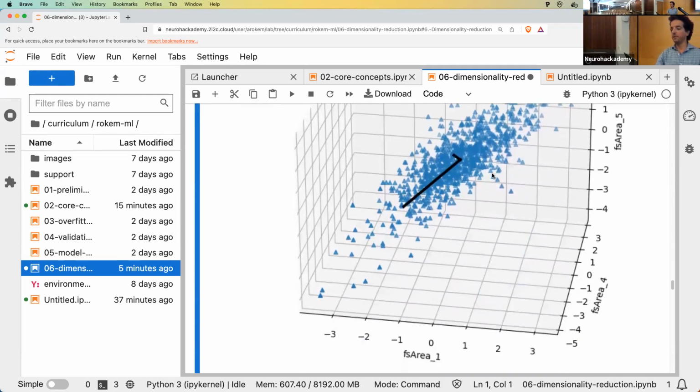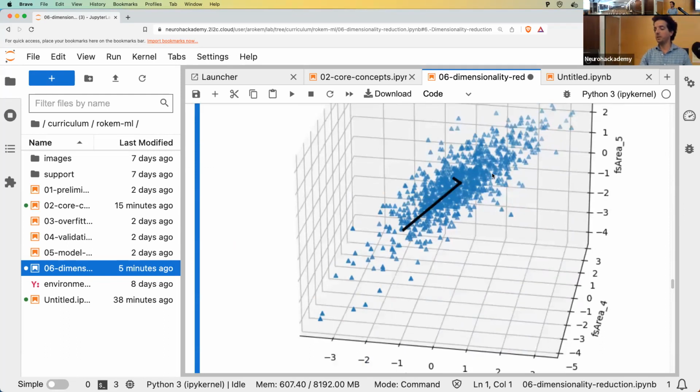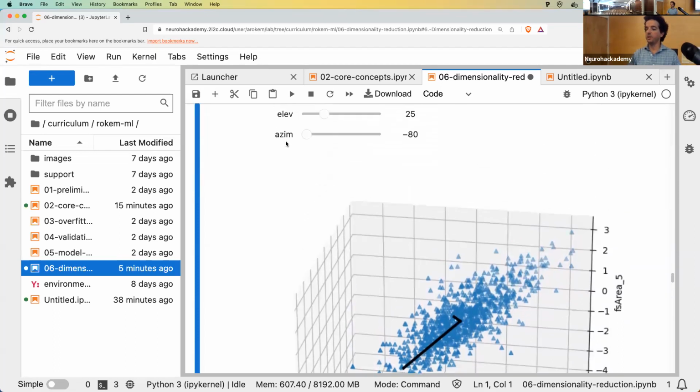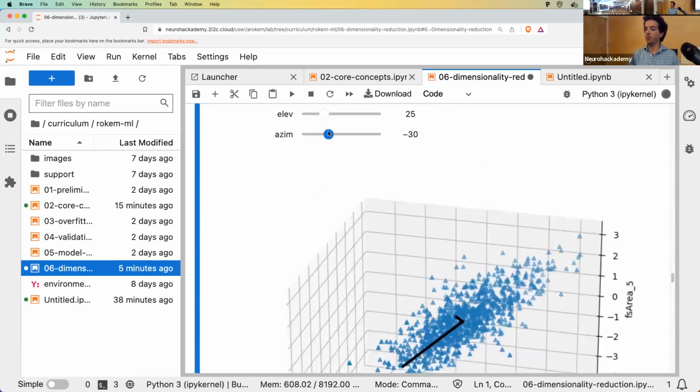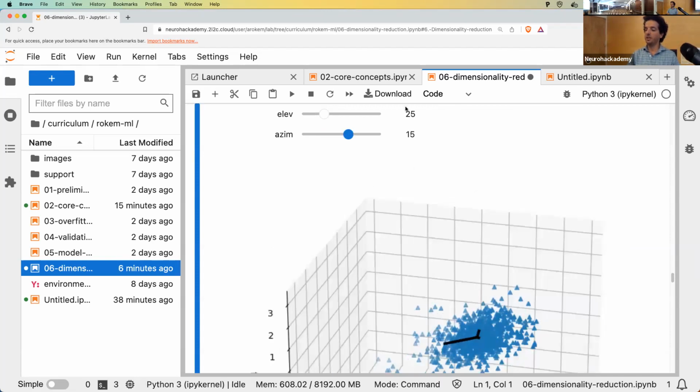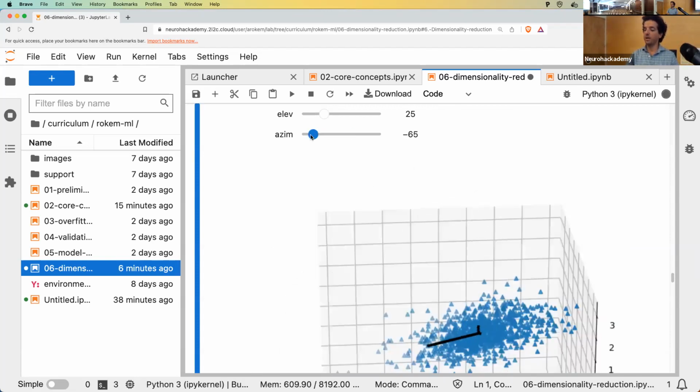So here we have only 3 dimensions, right? And one way to think about the first principal component is that it's a linear combination that defines this first black line here.